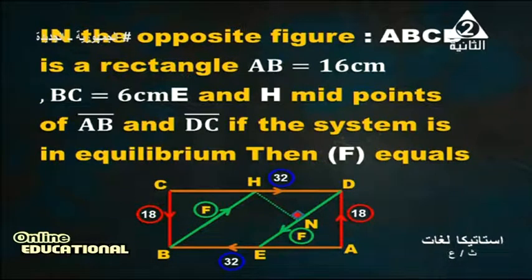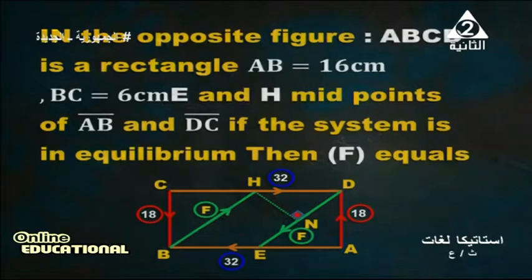Remember, the couple has direction. Anti-clockwise is positive, as the 18 and 18 forces, but 32 and 32 are in the negative direction because the direction is clockwise. Also, the forces F and F form a couple and its direction is negative.